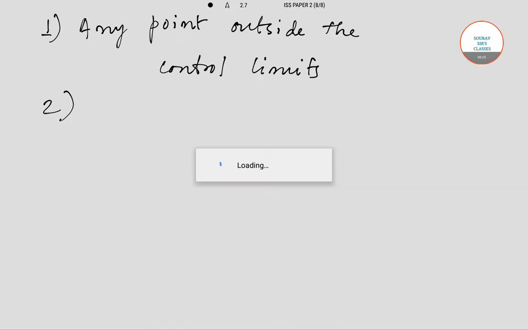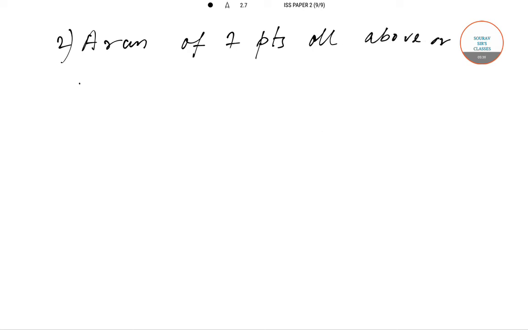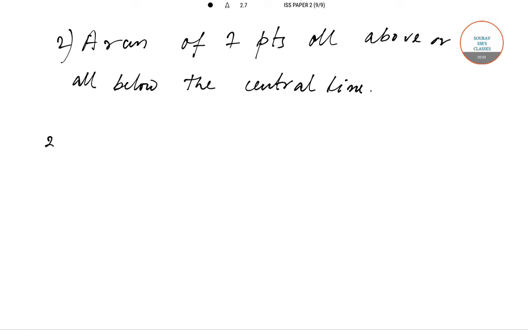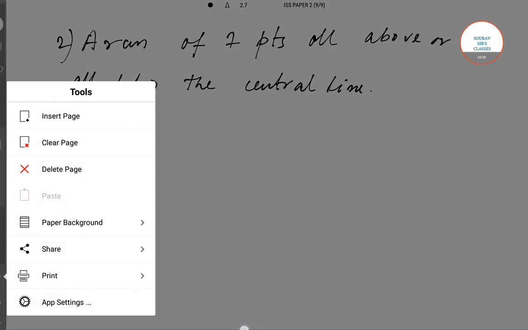A run of seven points, all above or all below the central line, this is also a defect, and they will stop the production as soon as they come up with this fault.